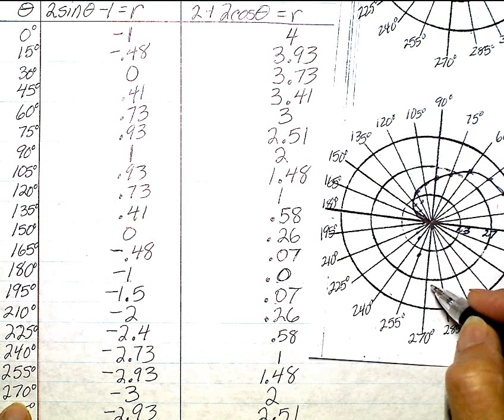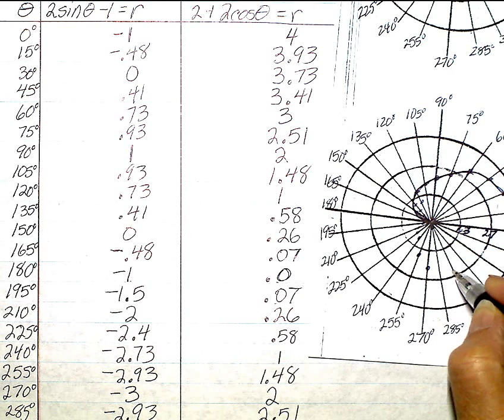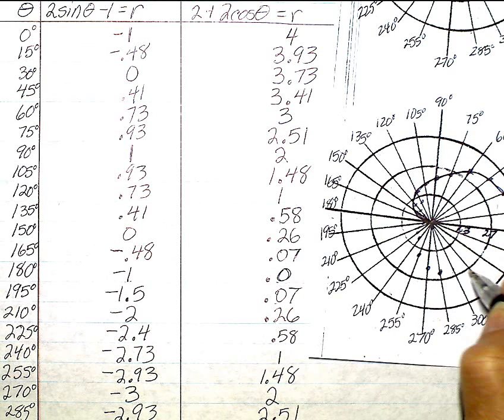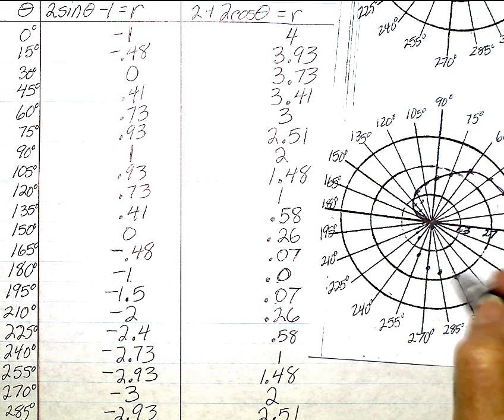270, I'm at 2. 285, I'm at 2.51. Whoops. 300, I'm at 2.73, so just a little bit above it. Oops, I'm not. I'm at 3, aren't I? Sorry, my fault. I was reading the other one. 2.513. I'm going to move it up a little bit.